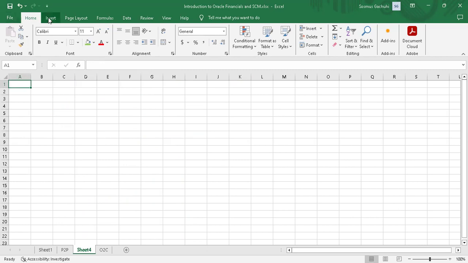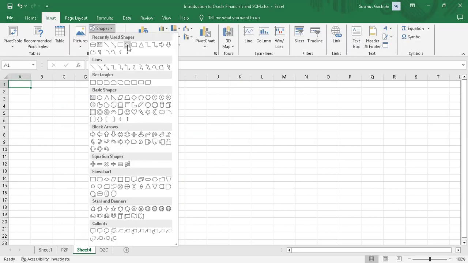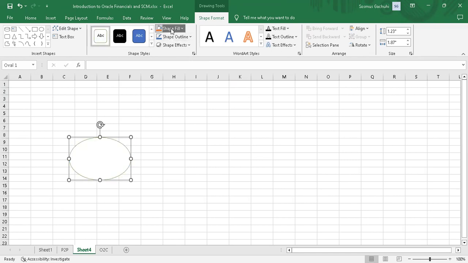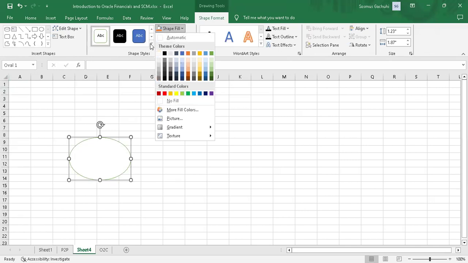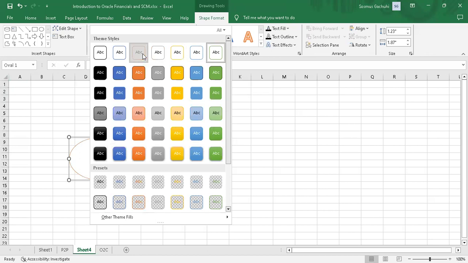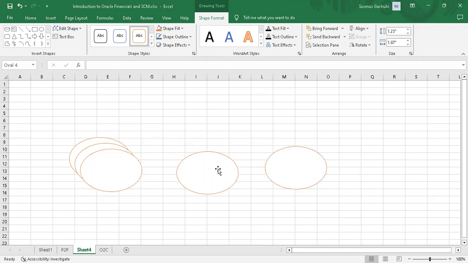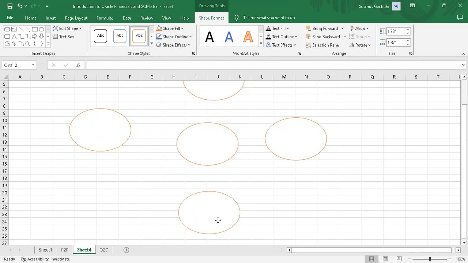So allow me to do some few diagrams here, just for the purpose of illustrating what we have been discussing.